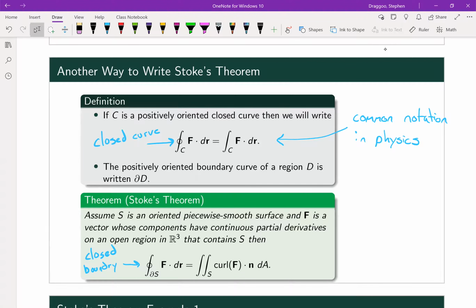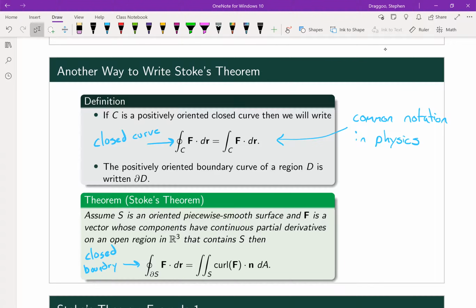And that's a notation that's particularly common in physics. We won't use it too much in our course, but it's something that you'll probably want to be aware of. If C is a positively oriented and closed curve, then the line integral with the closed circle, meaning a line integral over a closed curve, is just the same as the line integral of F dot dr.